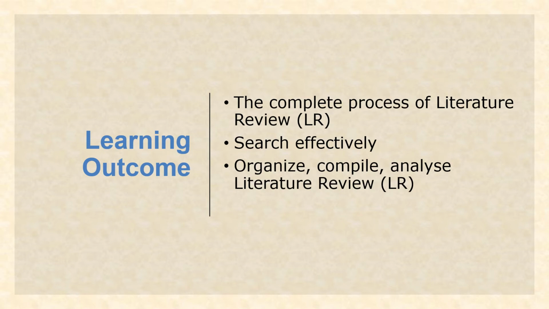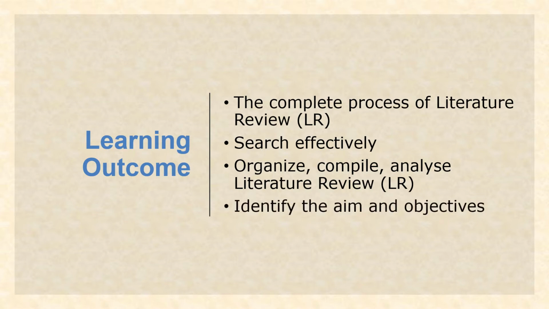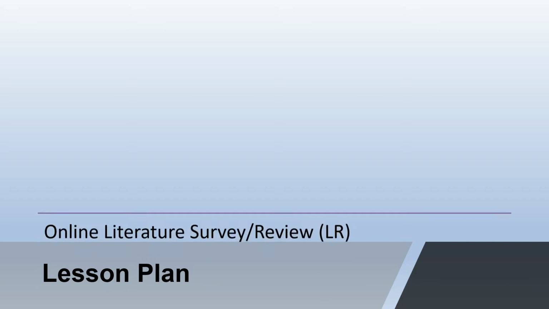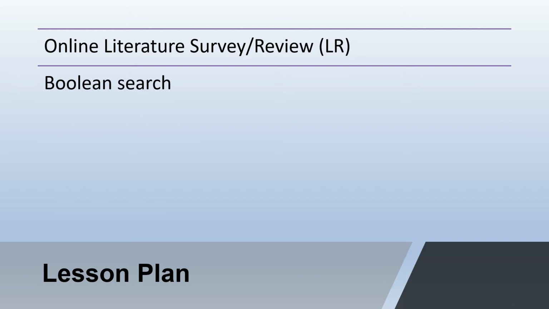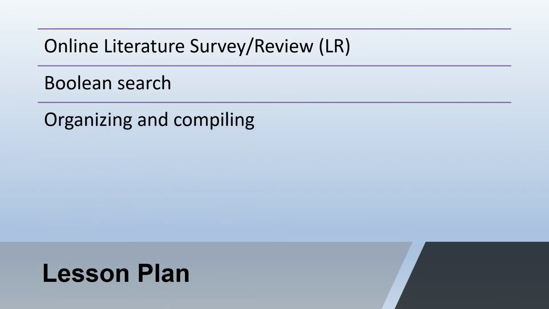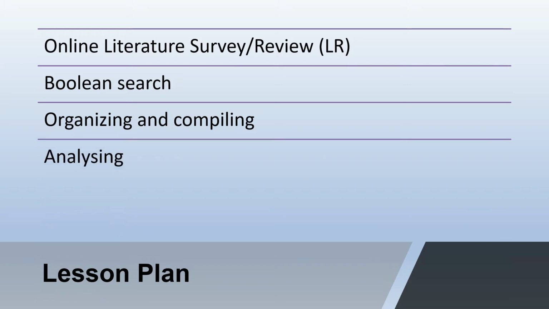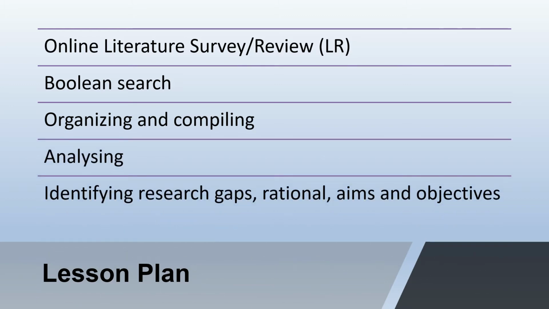In the lesson plan, we will cover these things under the heads: online literature survey, Boolean search, organize and compiling, analyzing the things, identify research gaps, rationale, aims and objectives.